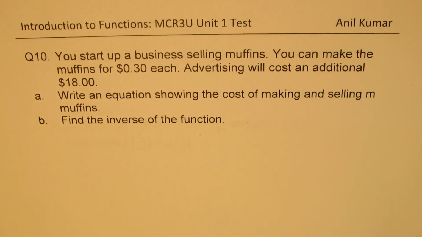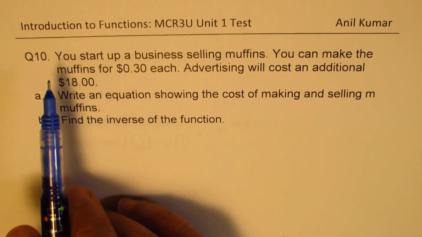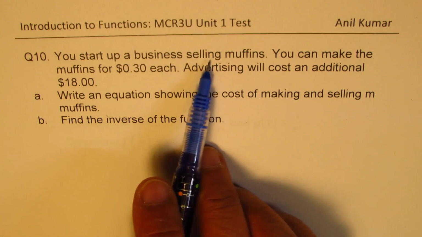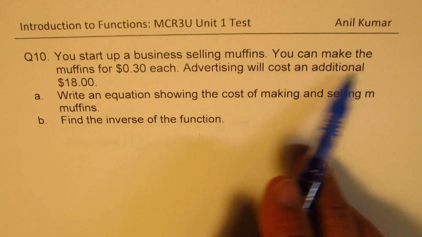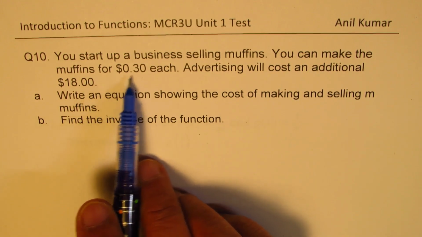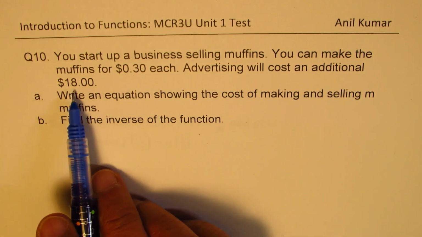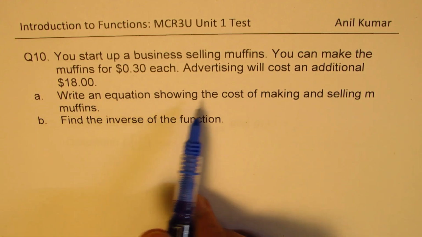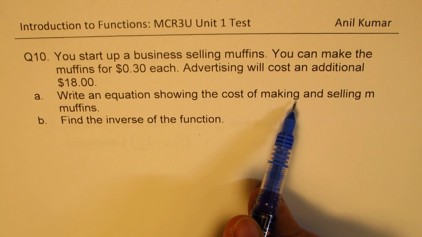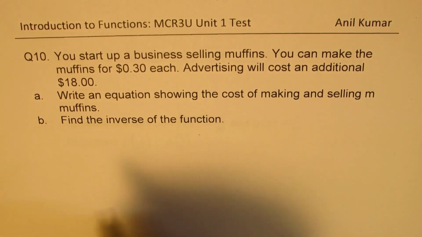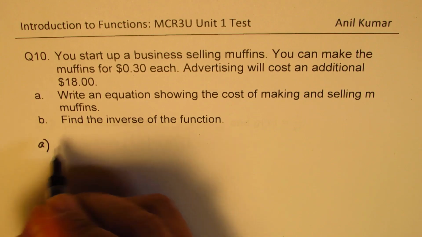Well, here is another question based on the same concept. Question number 10. You start up a business selling muffins. You can make the muffins for 30 cents each. Advertising will cost an additional $18. Write an equation showing the cost of making and selling M muffins.